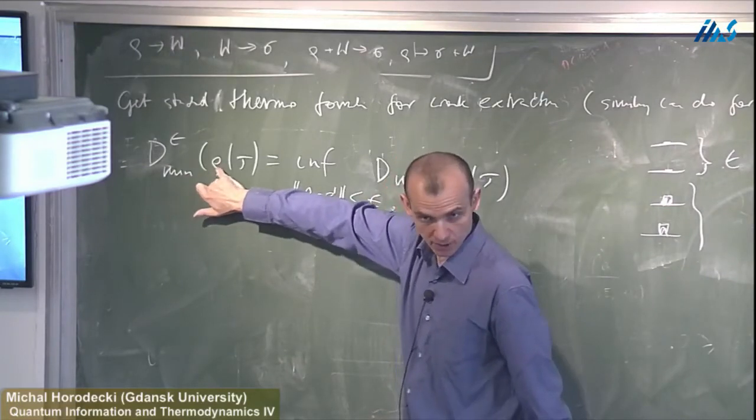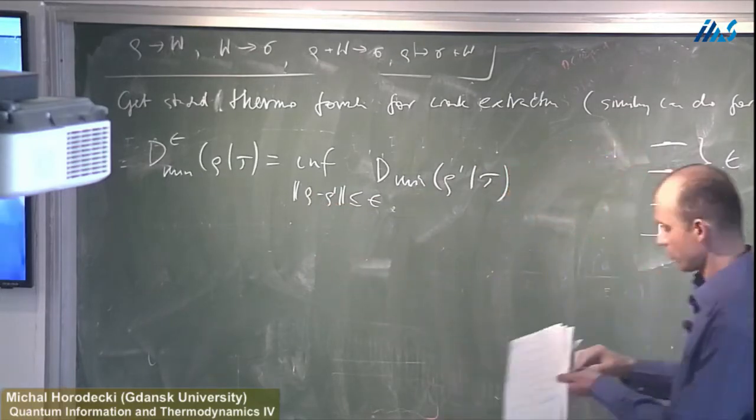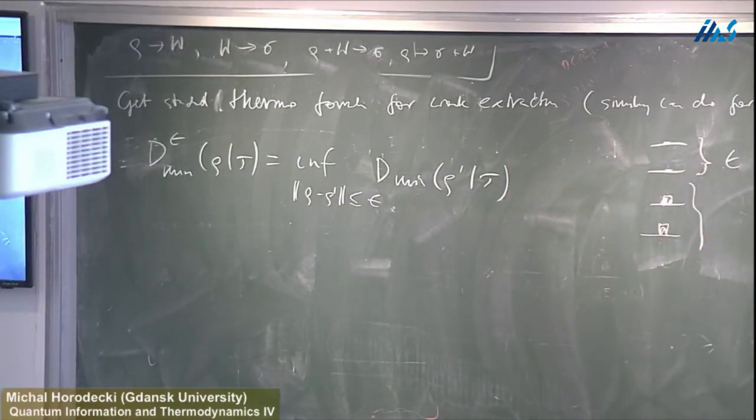my original state rho, but on some rho prime that is close to rho. So I should compute it where here there's no occupation, and here these levels are occupied, and here no occupation. So that's rho, and you are looking for some rho prime that is close to this but more favorable.